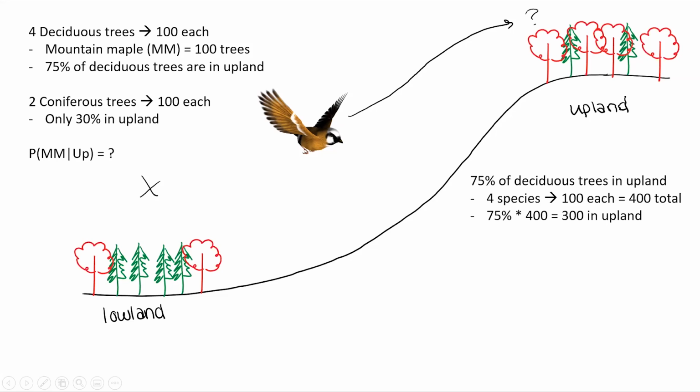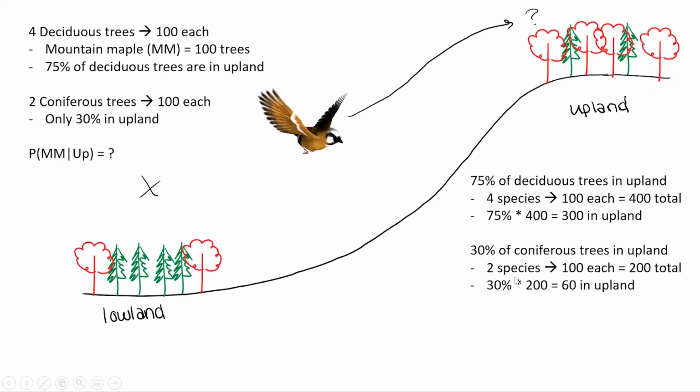Okay. All right. So 4 species, 400 total deciduous trees, 75% of which are in upland. That means there are 300 deciduous trees in the upland. 30% of coniferous trees are in upland, which means, so 2 species each, 100 each, 200 total coniferous trees, only 30% are in the upland, so there are 60 in the upland.